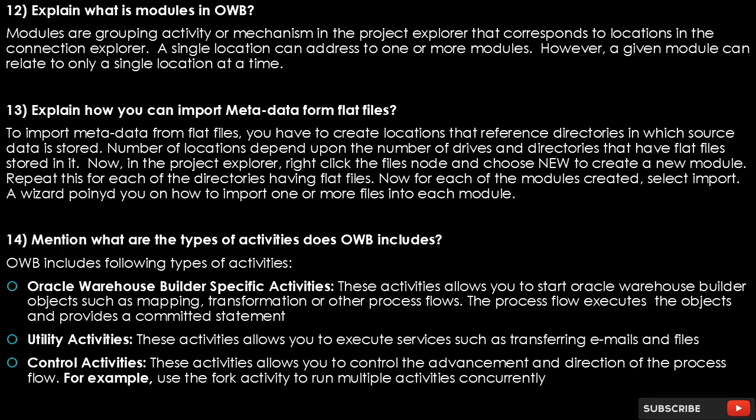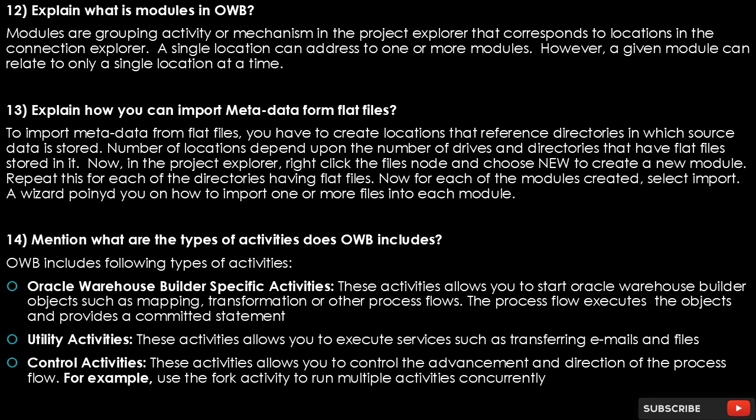14. Mention what are the types of activities OWB includes. OWB includes the following types of activities. Oracle Warehouse Builder specific activities. These activities allow you to start Oracle Warehouse Builder objects such as mapping, transformation or other process flows. The process flow executes the objects and provides a committed statement.